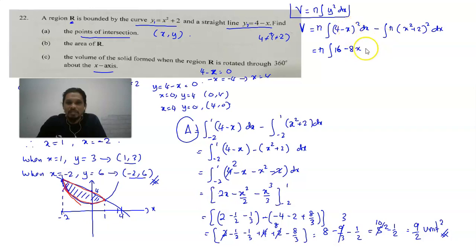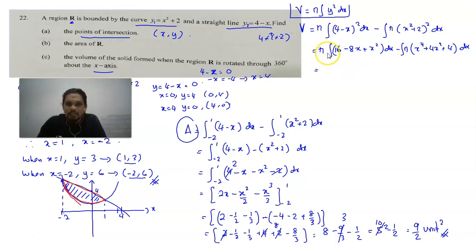Negative x times negative x is plus x squared, dx, minus, okay, pi (x squared times x squared), x to the power of 4, x squared times 2 equals 2x squared, another 2x squared, plus 4x squared. 2 times 2 equals 4, dx.